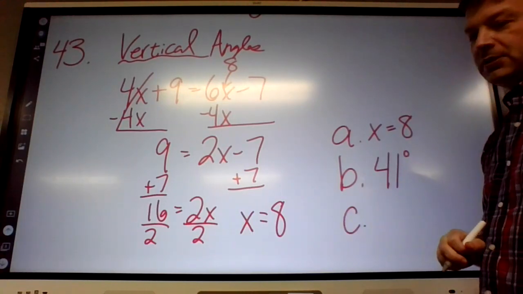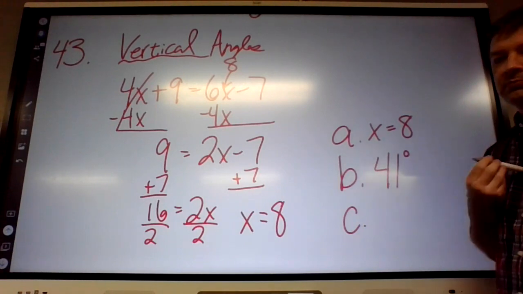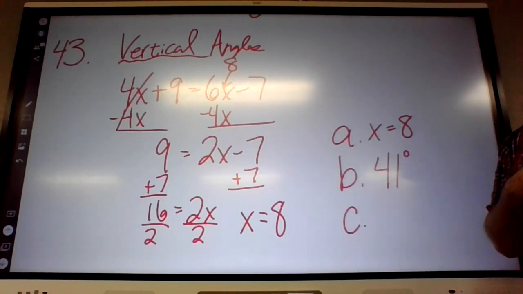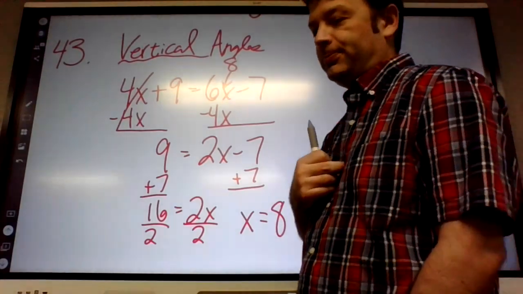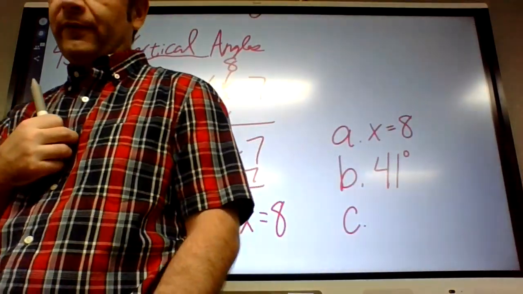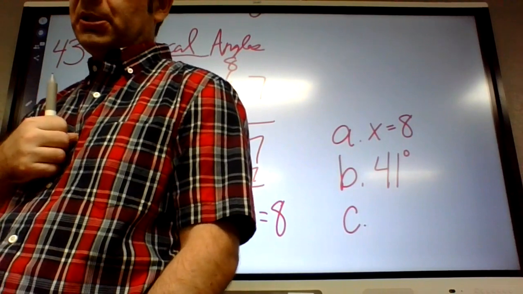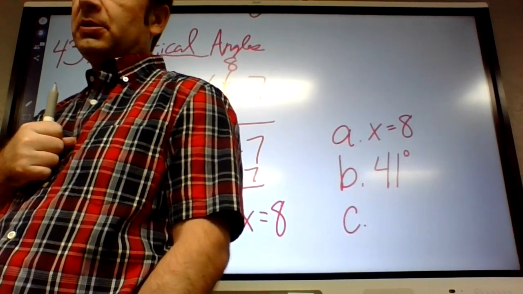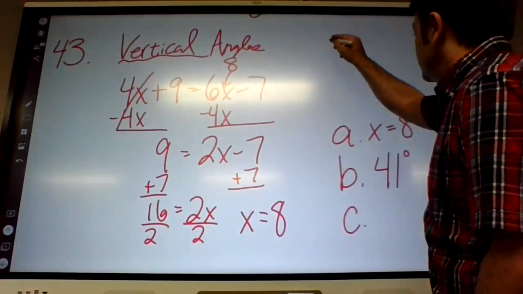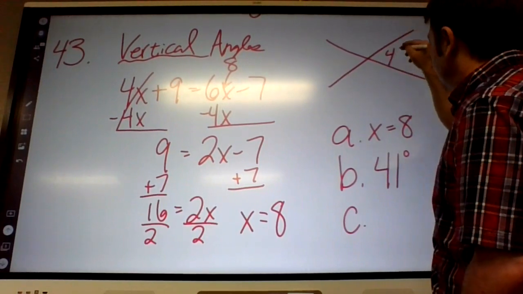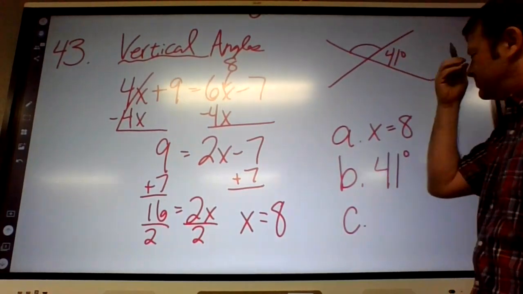What do you think they're going to ask next? What the other angle is. Well, what would the angle on the left have to be? The same. Is that what they asked? No, they didn't. They asked angle FKG, the top angle. So if this angle on the right is 41, how do we figure out that angle?